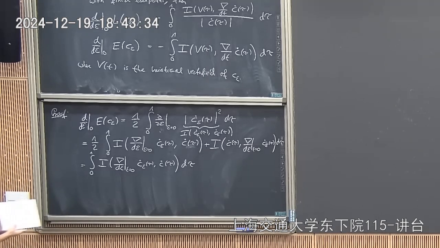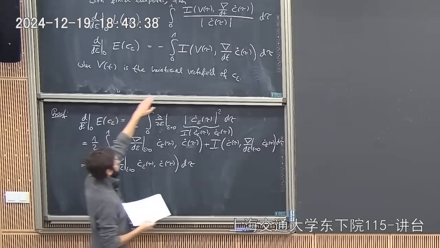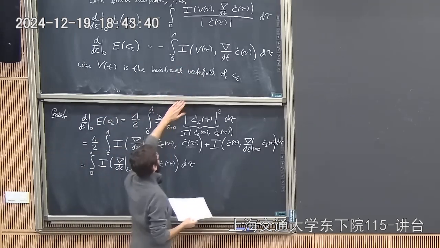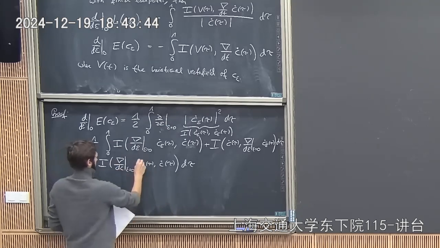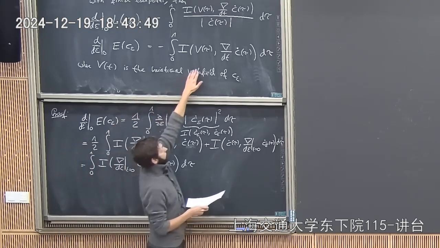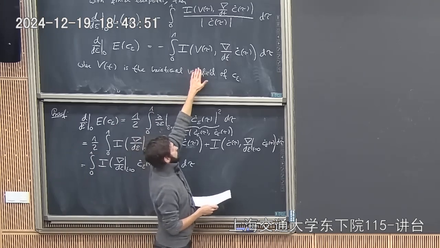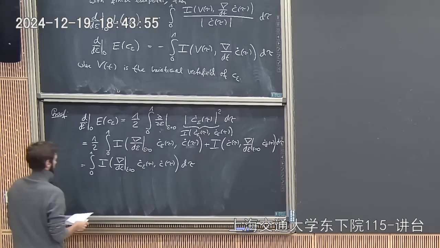Okay, so now we compare this equation to the equation that we want, and we see that here we have the covariant derivative of the tangent vector at epsilon, but here we actually want the derivative in epsilon direction of the curve itself to get the variation vector field.